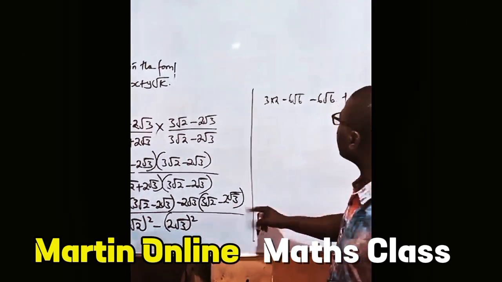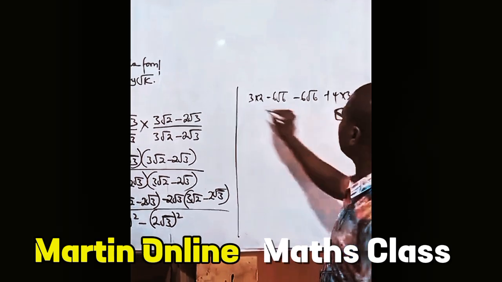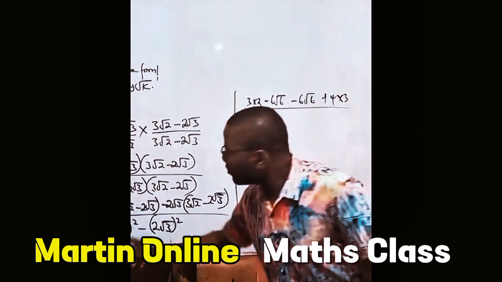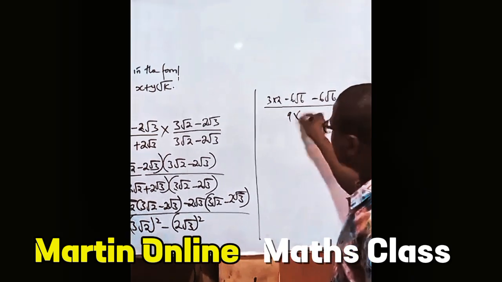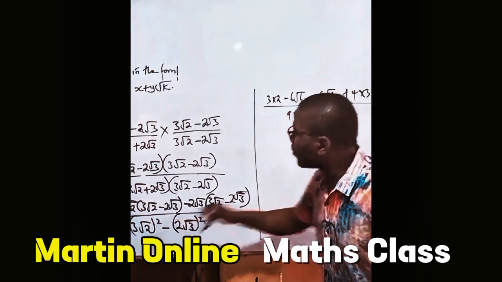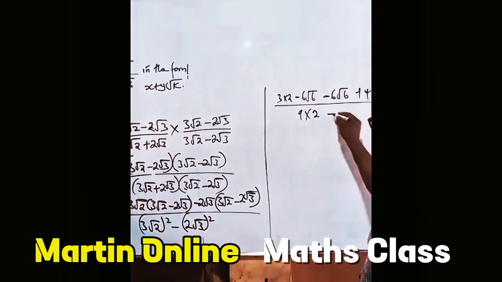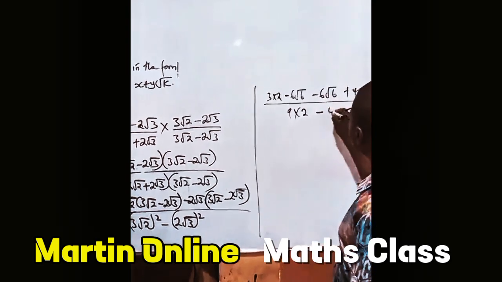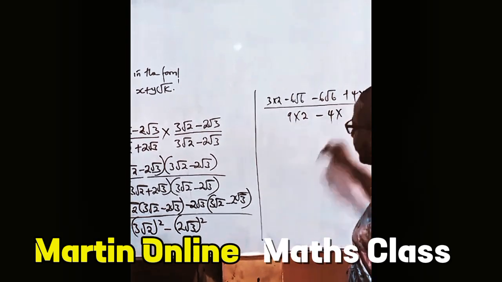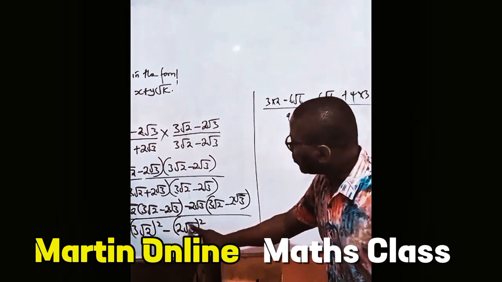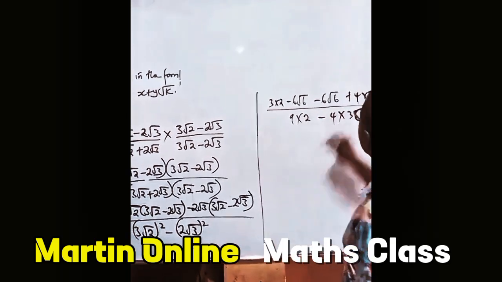And for the denominator, 3 squared is 9, times √2 squared, which will give us 2, because the square cancels the square root, minus 2 squared, which will give us 4, times √3 squared, which will give us 3.